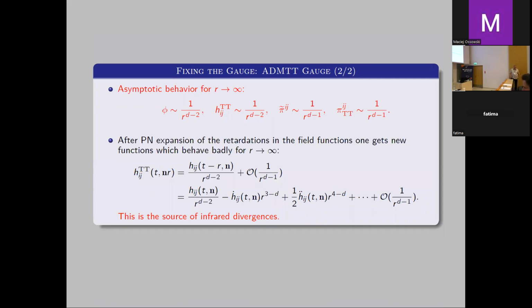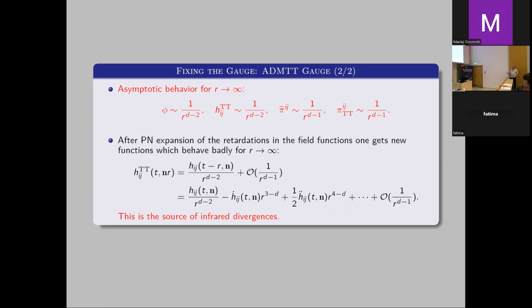As I have said, the theory as such is formulated in asymptotically flat spacetime. It means that we should require some asymptotic behavior of the field functions, and they are given here. All is nice up to the moment at which we try to compute the propagating degrees of freedom of the gravitational field.